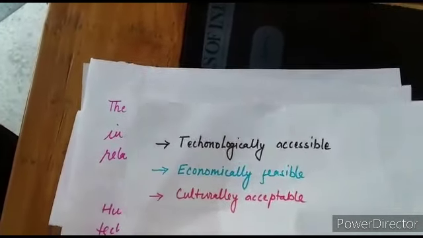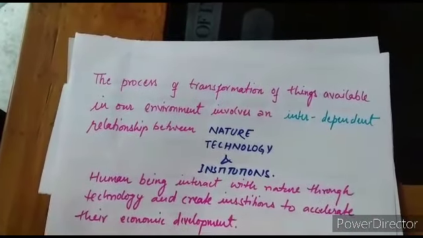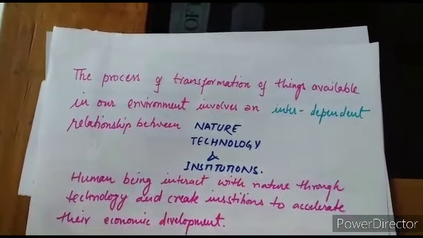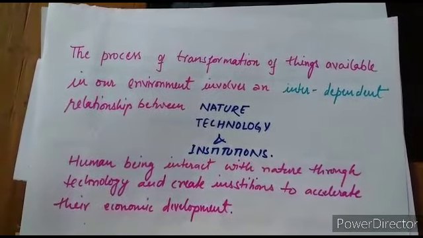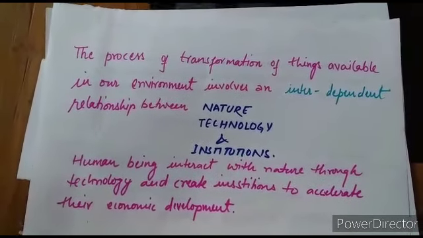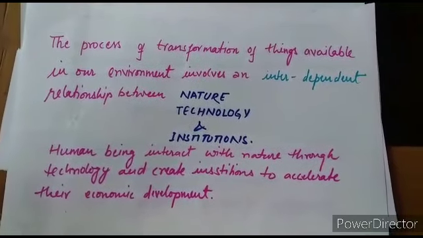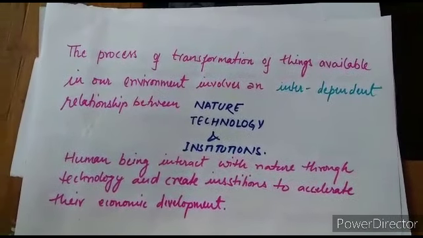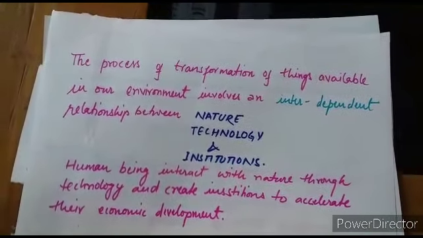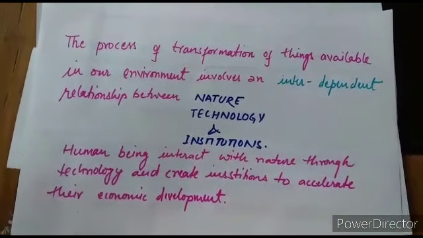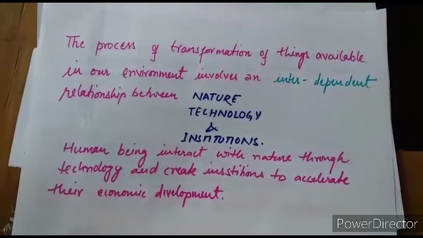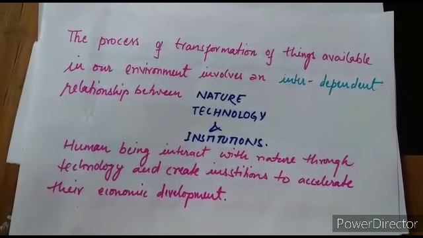Now we will see how things are transformed. The process of transformation of things available in our environment involves an interdependent relationship between nature, technology, and institutions.